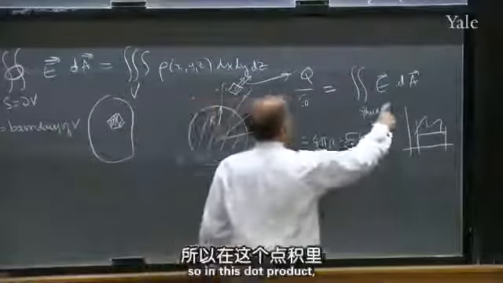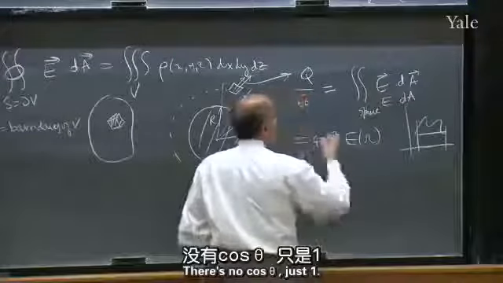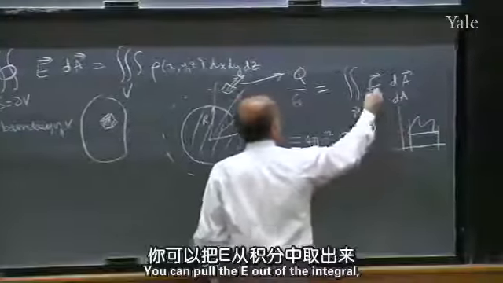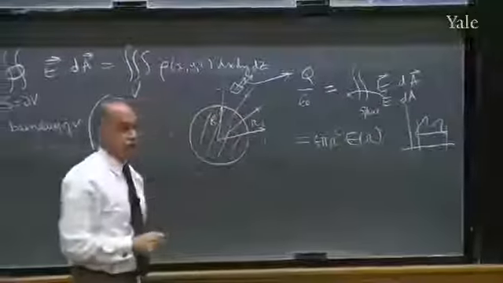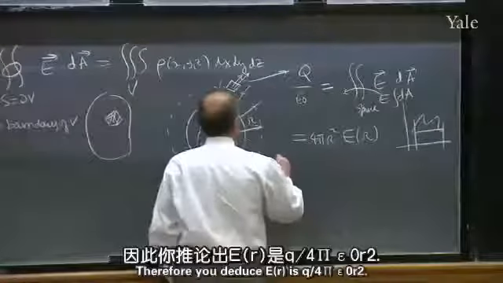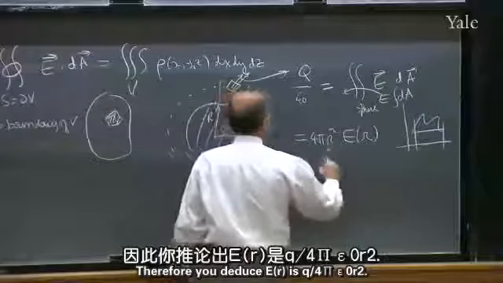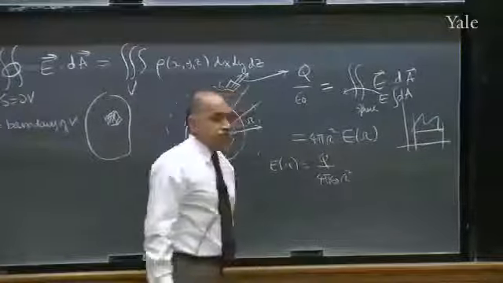So in this dot product, forget the dot product, just E times dA. There's no cos theta, it's just 1. You can pull the E out of the integral because E is constant in magnitude on the sphere. And the integral of the dA is just 4 pi r squared. Therefore, you deduce E(r) is Q over 4 pi epsilon 0 r squared.